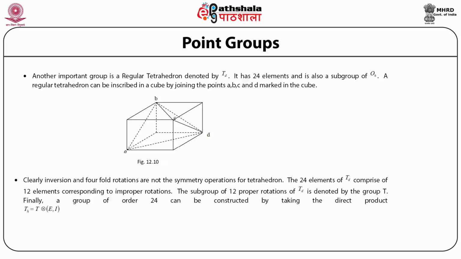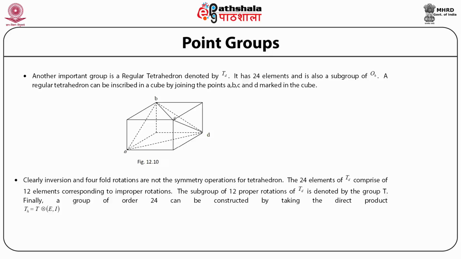The 24 elements of the group TD comprise 12 elements corresponding to improper rotations and the subgroup of 12 proper rotations. So TD group consists of 12 improper rotations and 12 proper rotations.